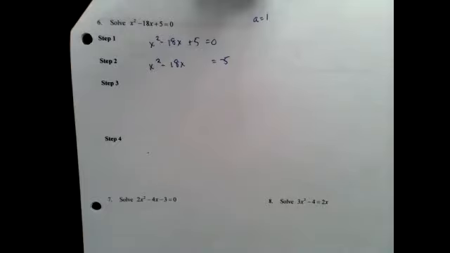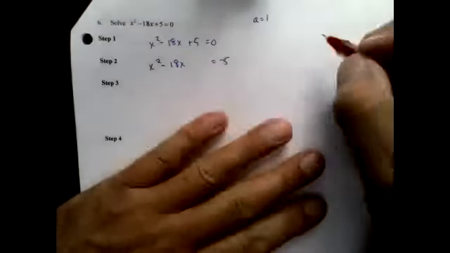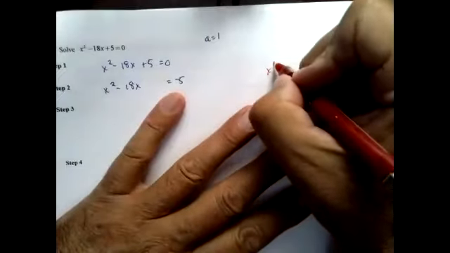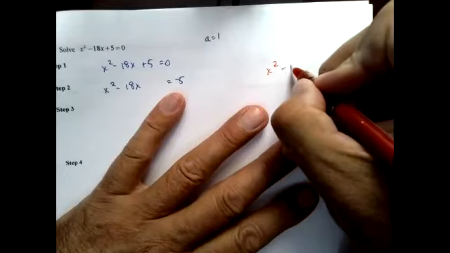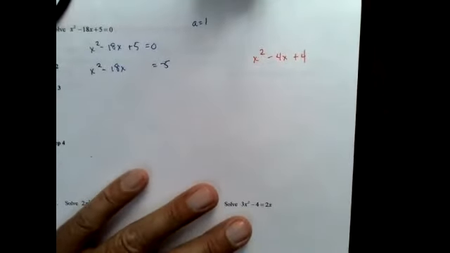Now I need to pick a number that's going to make this side a perfect square. And what do I mean by that? Well, let's take a look at some examples over here. If I said x squared minus 4x plus 4, what does that factor into?